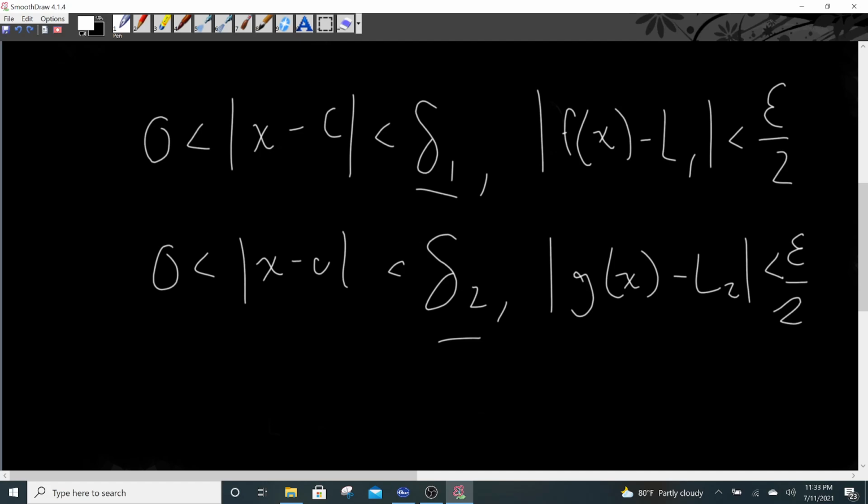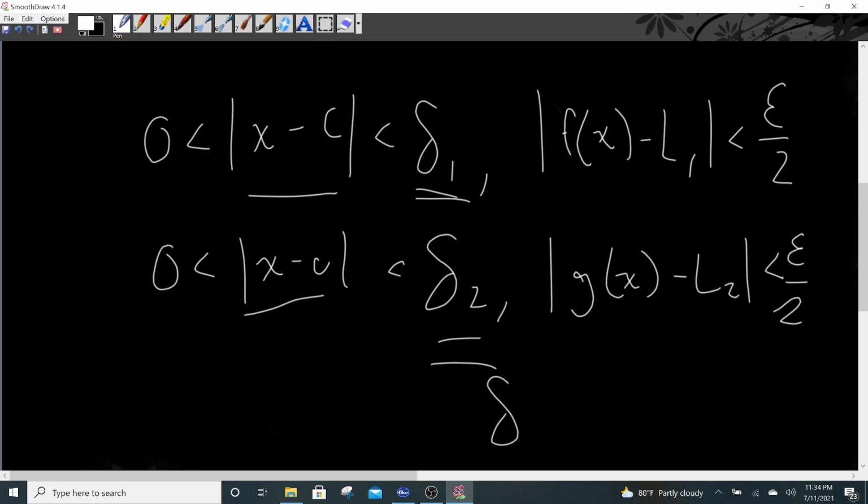And then if delta, just delta, not delta 1 or delta 2, is the smaller one of delta 1 and delta 2, that means that since c is the same, c is going to be the same. If delta is the smaller between the two, I'm going to actually write a full new expression. But just think, maybe pause the video for a little bit and marinate on this for a second.